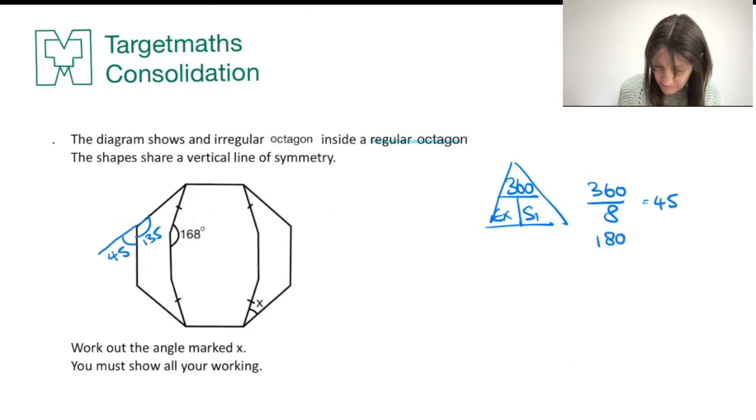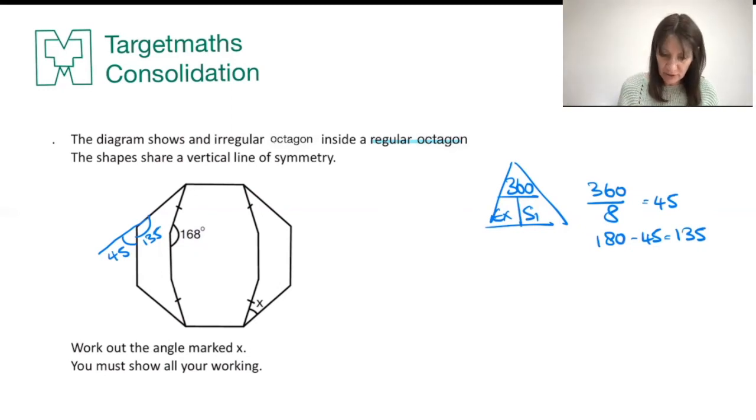I'll just put the maths together as well so that we've got everything for the examiner. So I've kind of done that. And then I've got to start thinking about the irregular octagon as well. Now, irregular means that the angles are going to be different sizes. The shapes share a vertical line of symmetry, okay?